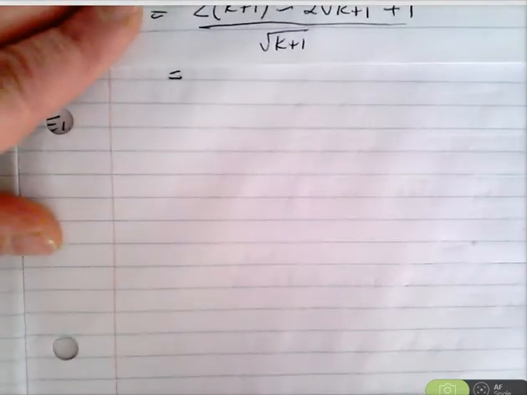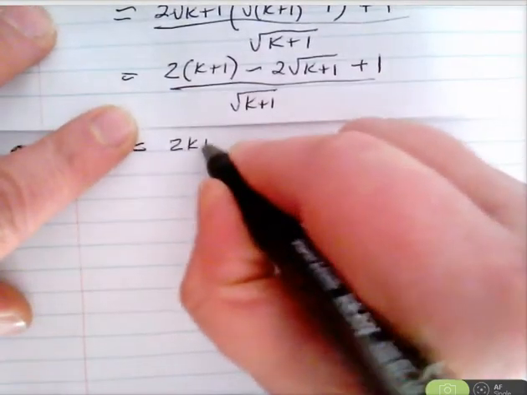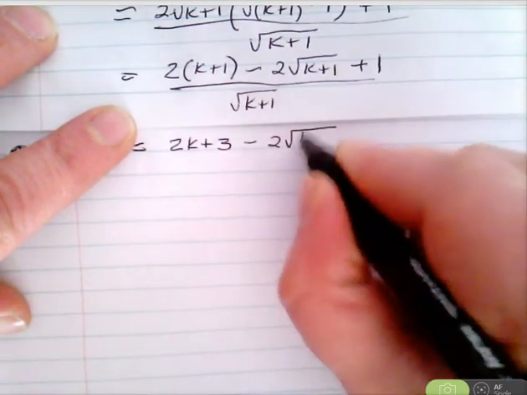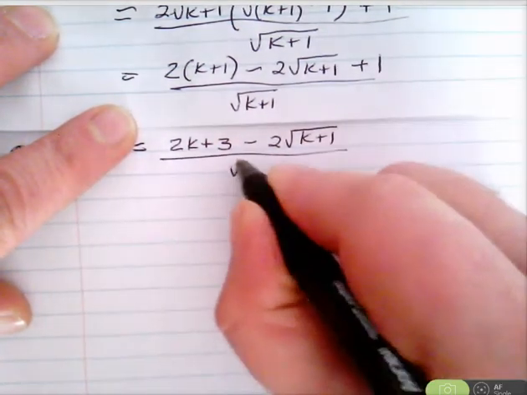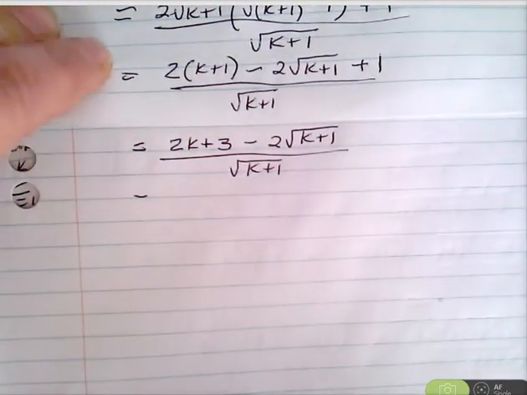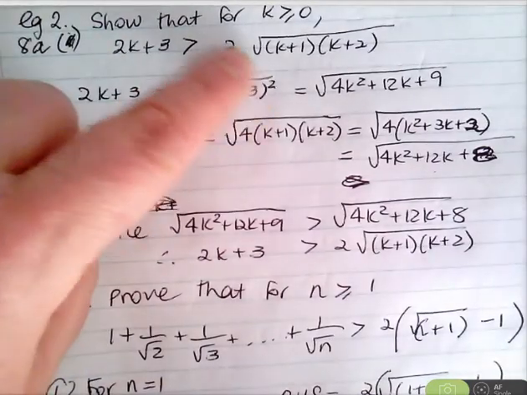So continuing from there, that is equal to 2k plus 2 plus 1, which is 2k plus 3, minus 2 times the square root of k plus 1, over the square root of k plus 1. Now we know from part 1 that 2k plus 3, we've proven that it's greater than 2 bracket k plus 1 times k plus 2.